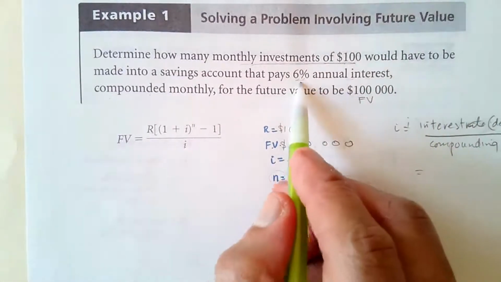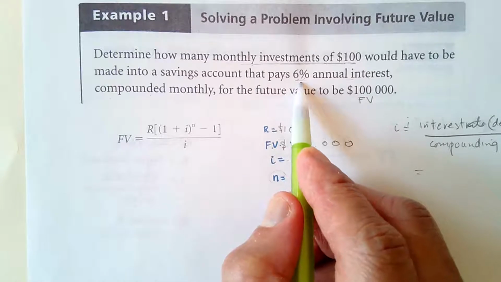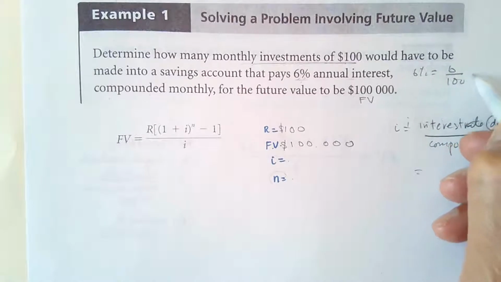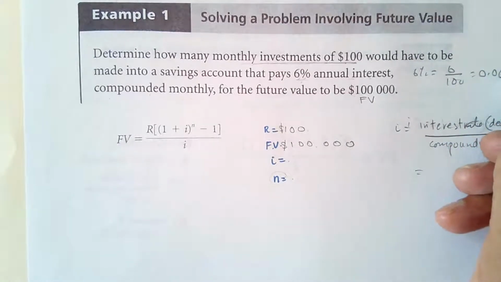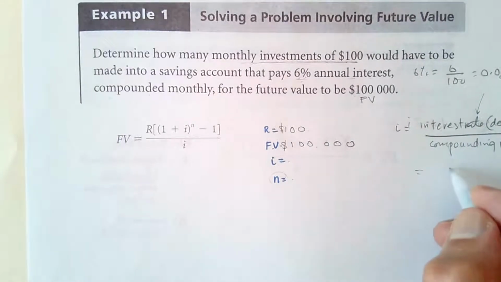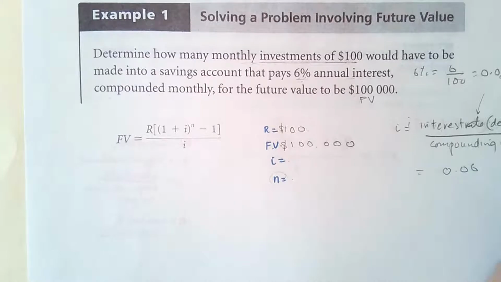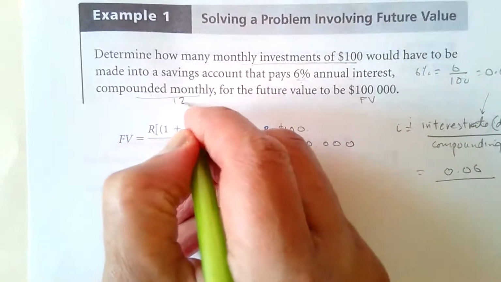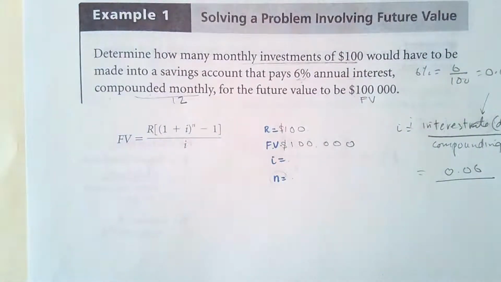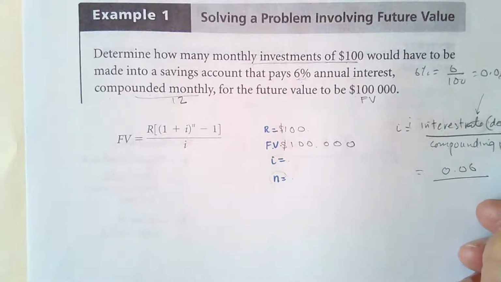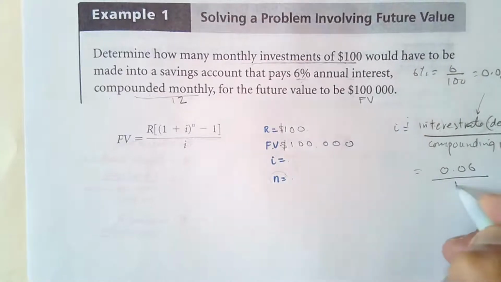Now, we have an interest rate of 6%. Change that to decimals, so 6% is equal to 6 divided by 100, which is 0.06. So this is your interest rate in decimal. Now, it's compounded monthly, and there are 12 months in a year, so the number of compounded periods per year is 12.